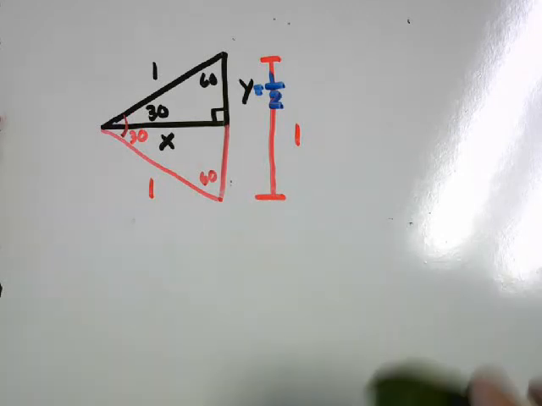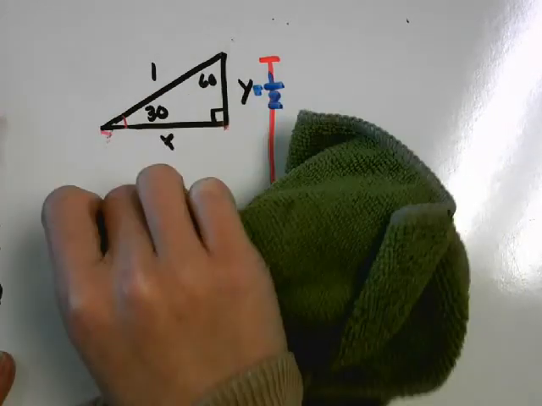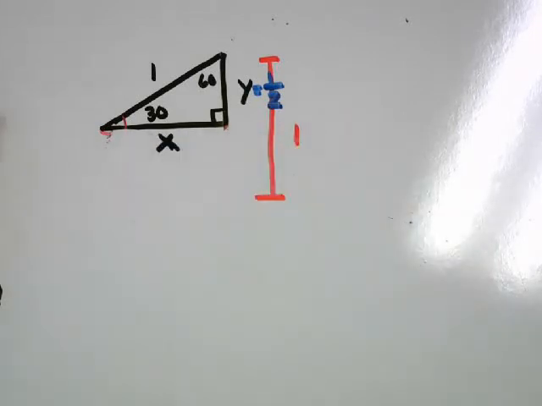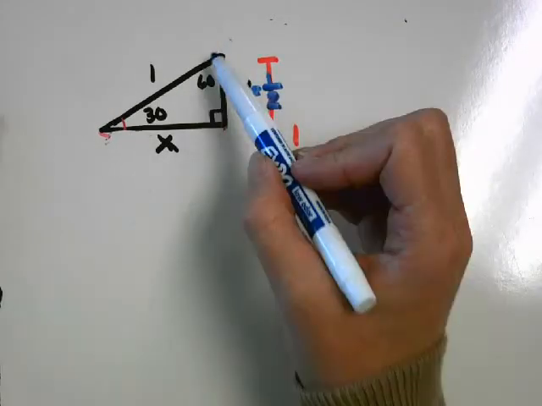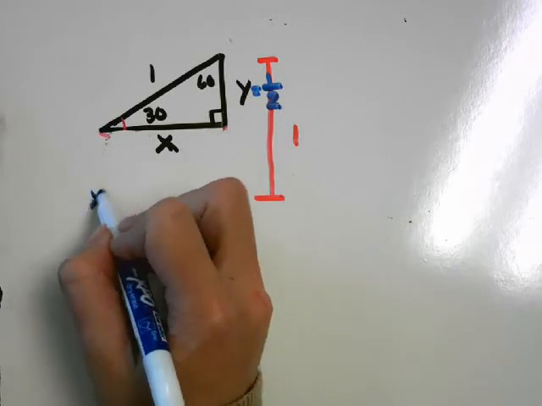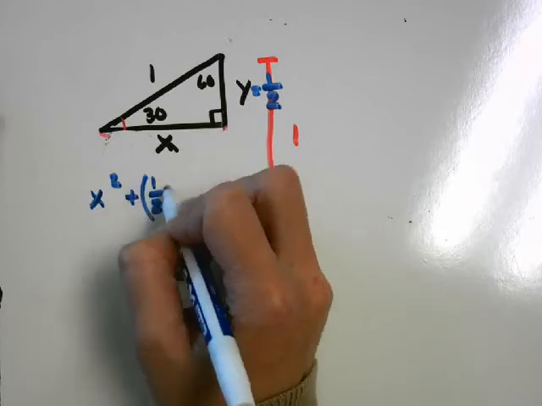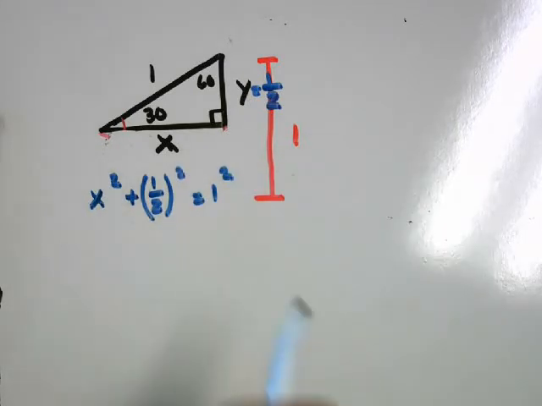Okay, now I'm going to take away the extra stuff and go back to my original triangle here. Now I have two sides of this triangle. This side is 1/2 because it's half of the equilateral triangle, and this is 1. So x squared plus (1/2) squared equals 1 squared.